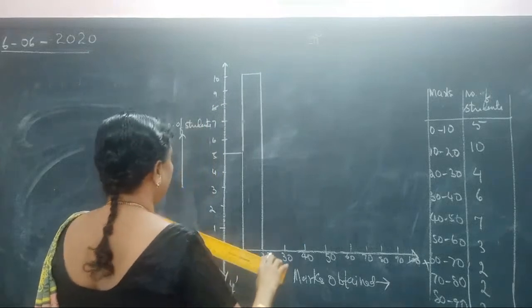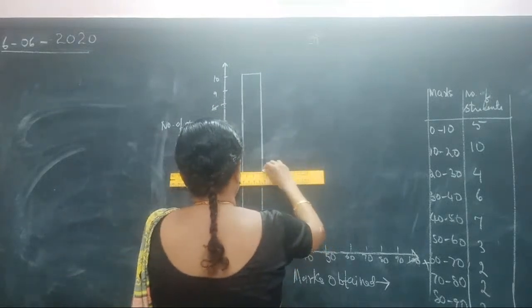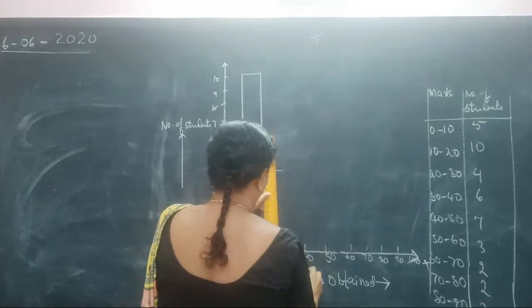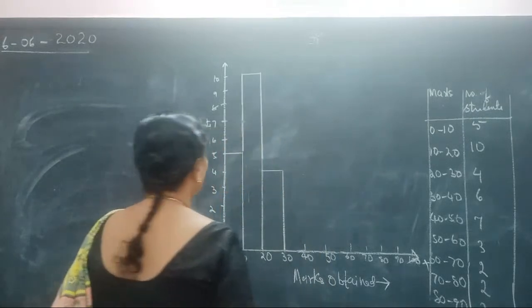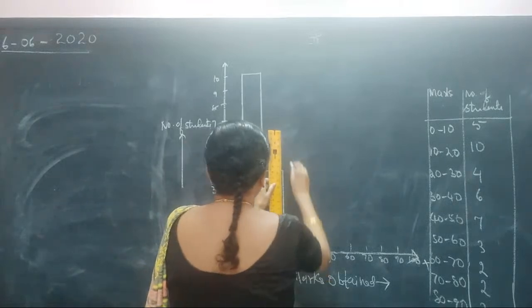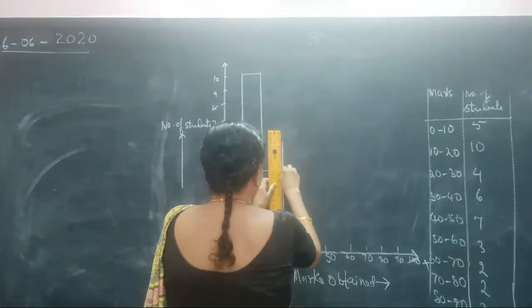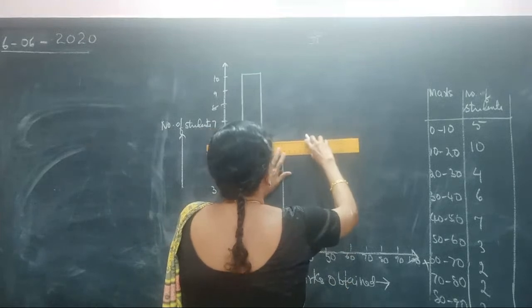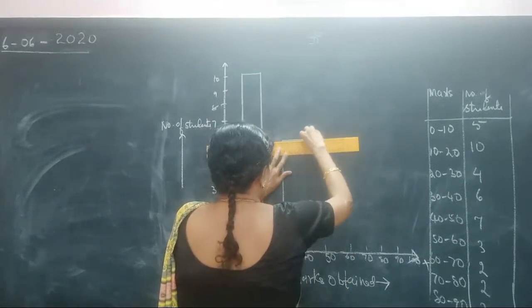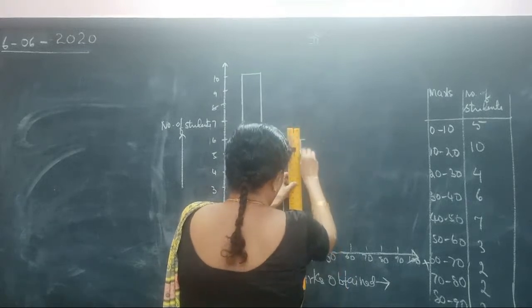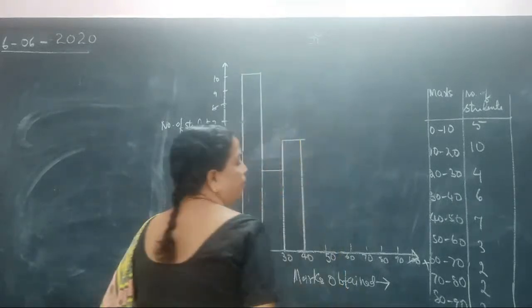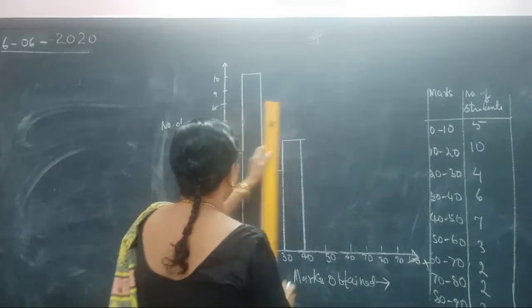Then 20 to 30, it is 4. 30 to 40, it is 6. Then 40 to 50, it is 7.